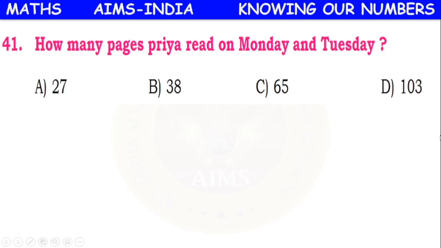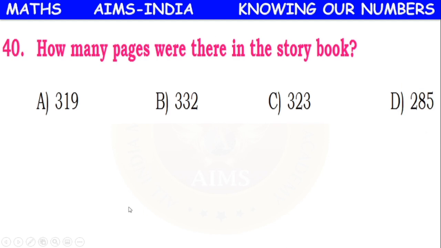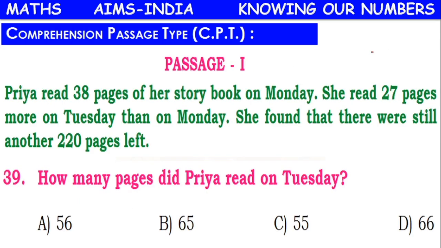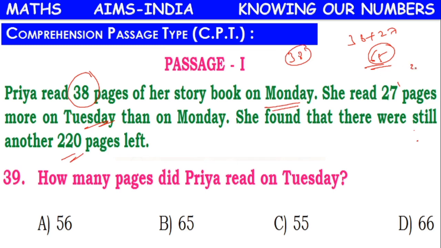Next question, children. How many pages were there in the storybook? Priya read 38 pages on Monday and 65 pages on Tuesday, and still 220 pages were left.